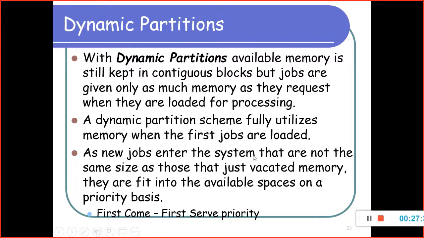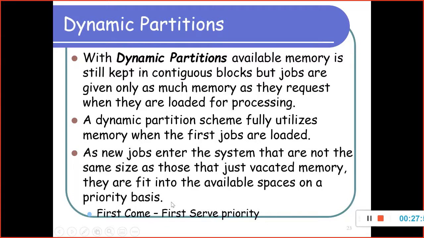As new jobs enter the system, they are not the same size as those that just vacated the memory. They are fit into the available spaces on a priority basis. First come, first serve priority. So if you know, like you are queuing, you have first come first serve, last come first serve, round robin, and so on. So these are all the algorithms for queuing, or we call it queuing theory.